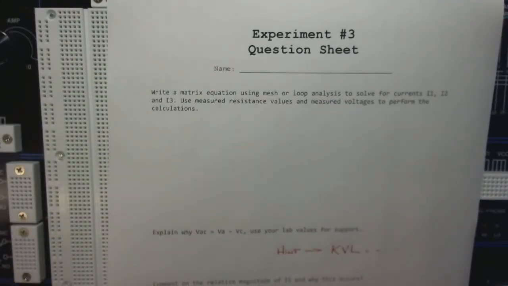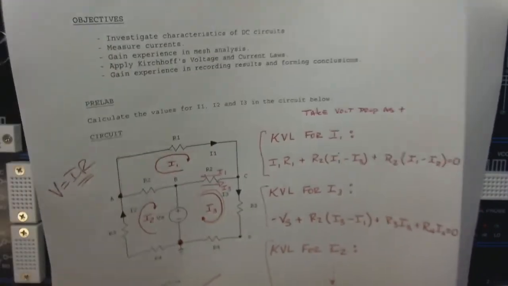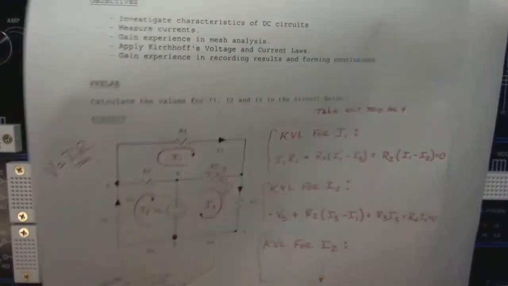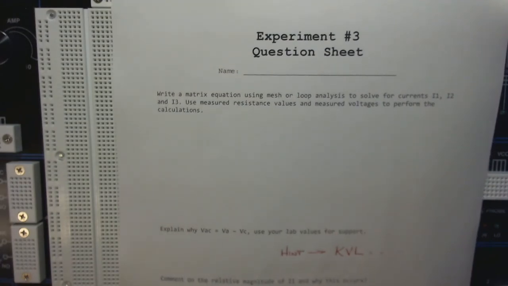Remember what I had you doing a little earlier. I had you doing this calculation, but this was just for the nominal values. We get some more practice doing it here for the actual values of resistance, and that should get you even closer to your measured value of current.